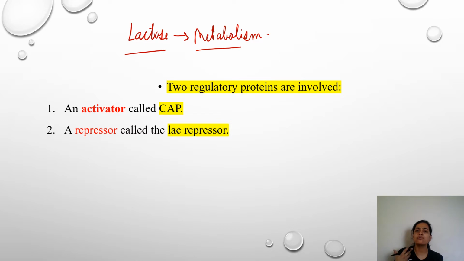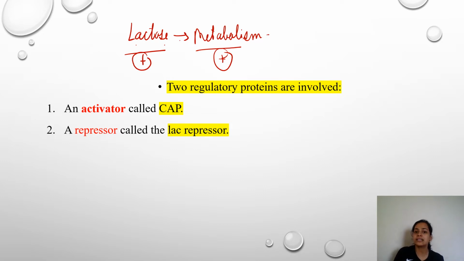Okay, otherwise then what is the need to unnecessarily waste the energy? Right? So whenever, remember, when the lactose will be there in the medium, then only its metabolism has to be done. Yes, जब lactose medium में होगा तभी उसका metabolism cell करेगा, तभी cell को जरूरत है कि वो permease बनाए और lactose को अंदर लेके आए. Right? और तभी उसको जरूरत है कि वो beta galactosidase या transacetylase बनाए.